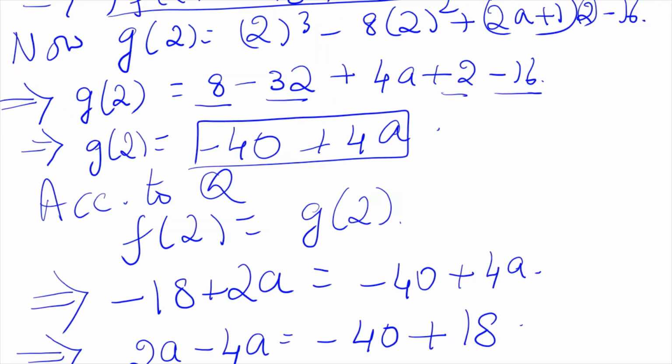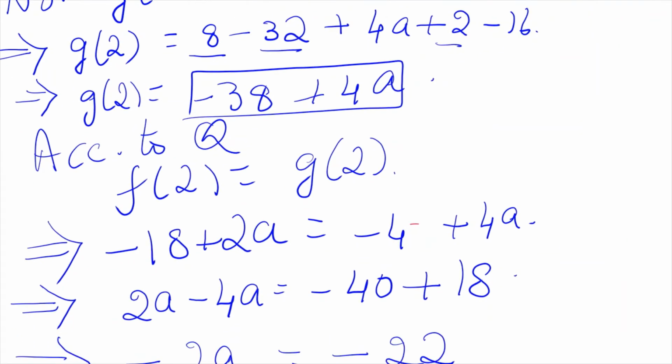Okay, children, here I have done a small error. It is minus 8: minus 32 minus 16 is minus 48. Minus 48 and plus 10 is minus 38. So by mistake I wrote minus 40; it will become minus 38.